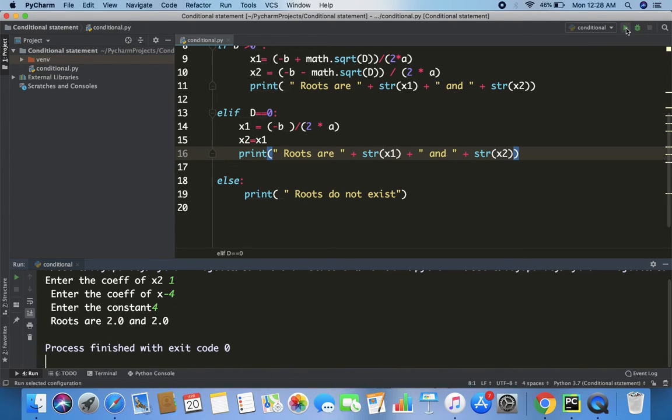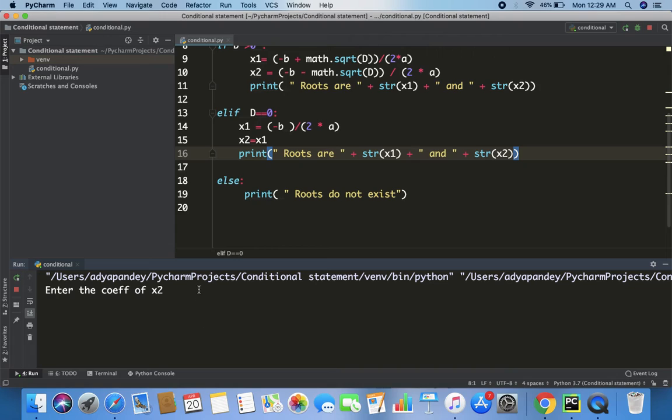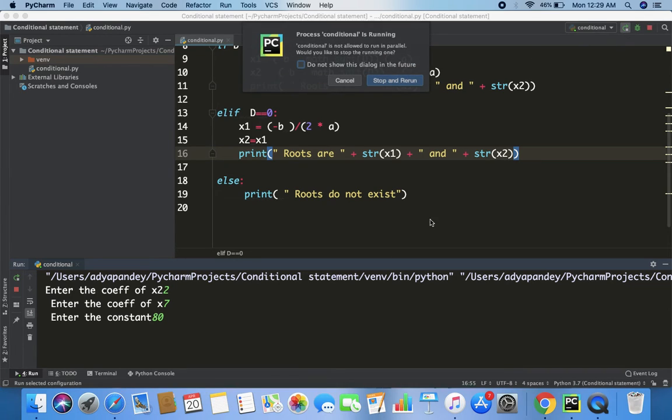Now I rerun to check whether other conditions are true. First I stop the previous calculation and run it again. I enter 7, then 9, then 900, because we want the discriminant to fail.